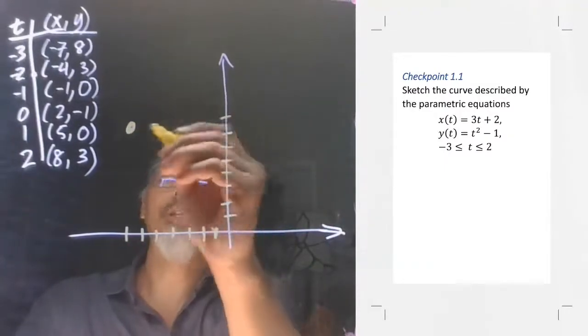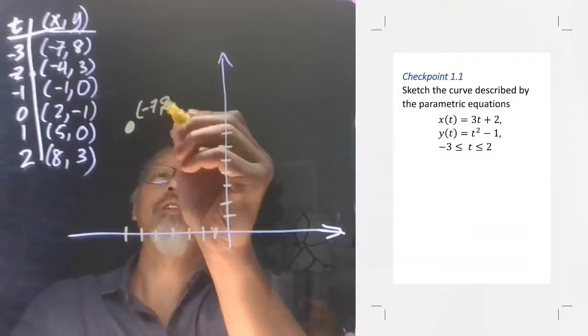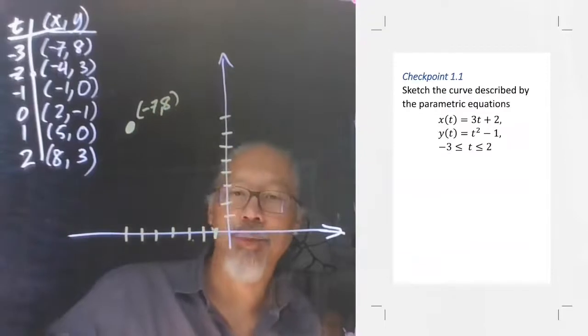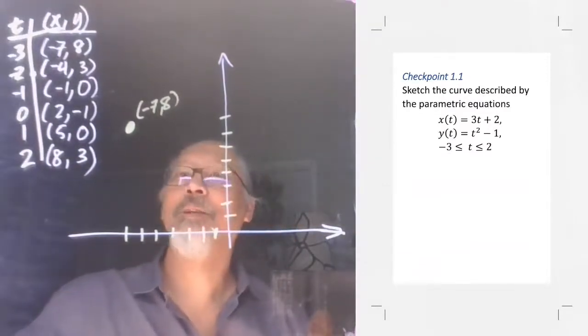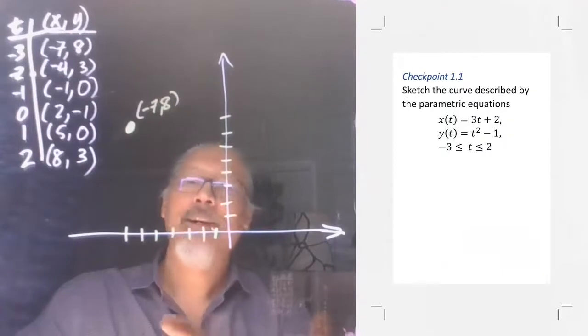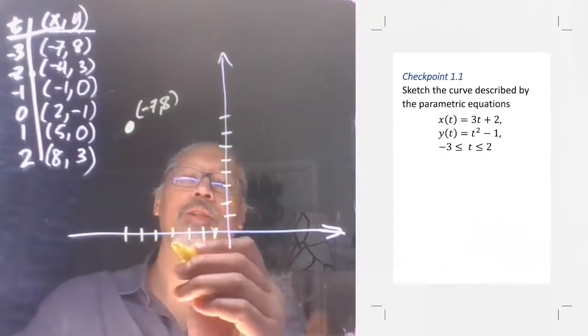Let's plot the point, but let's also label it so that we know what this point is, in case our graph isn't really up to proportion. The next point is negative 4 comma 3: 1, 2, 3, 4, and then 3 up.